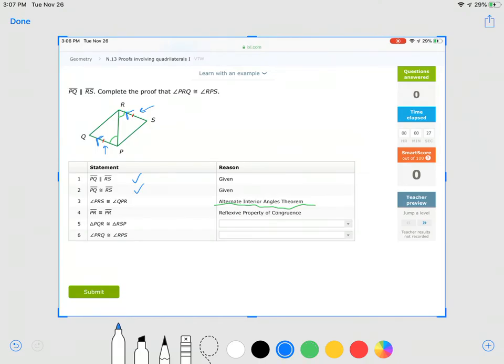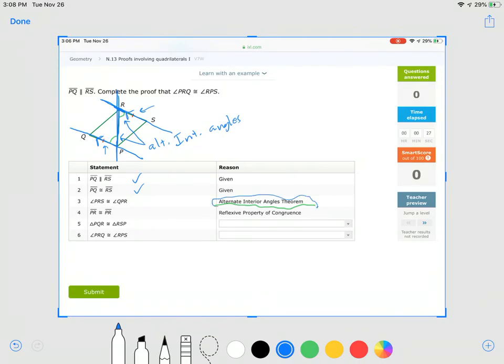Yes, so remember they told us that QP is parallel to RS. That makes this a transversal. And that makes these two angles alternate interior angles. So that's true.